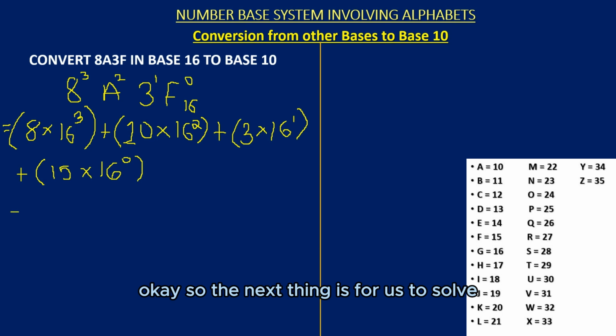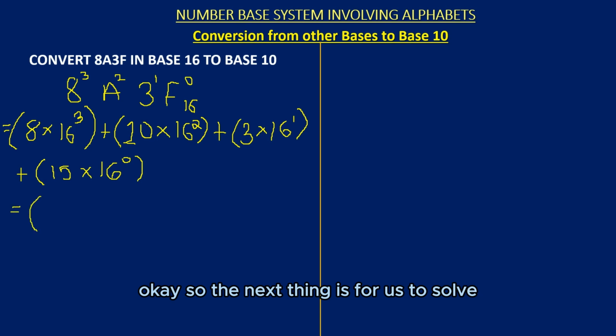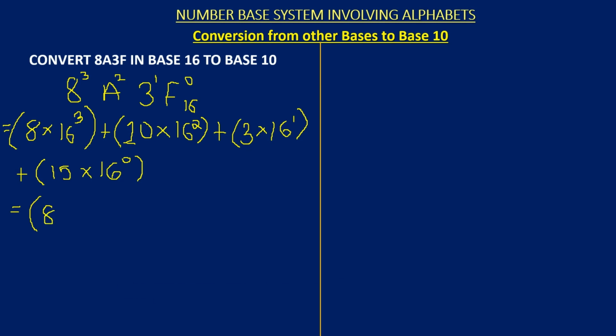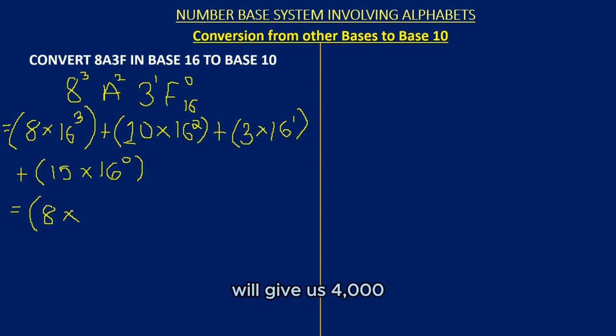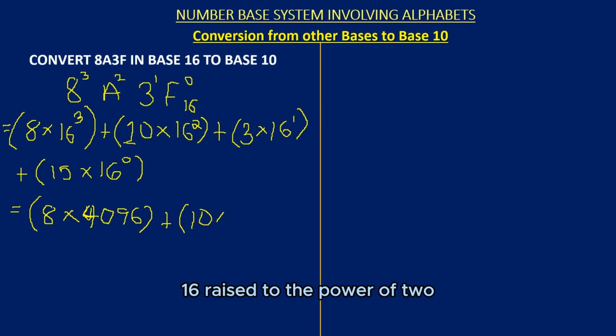Okay, so the next thing is for us to solve the powers. So 16 raised to the power of 3 will give us 4,096. Then we have 10 times 16 raised to the power of 2, which is the same thing as 16 times 16.